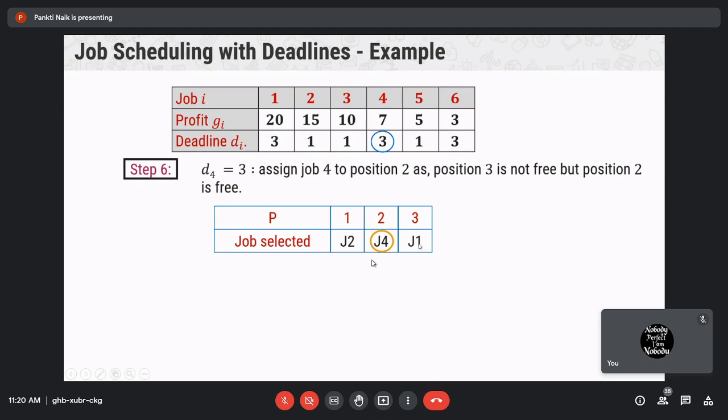But we can assign position 2 to job number 4 because position 2 is free. So assign position 2 to job number 4.